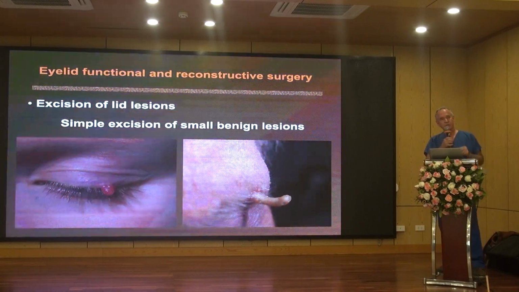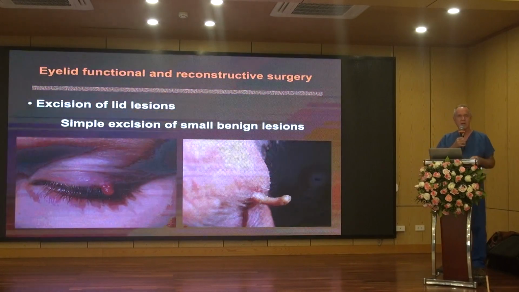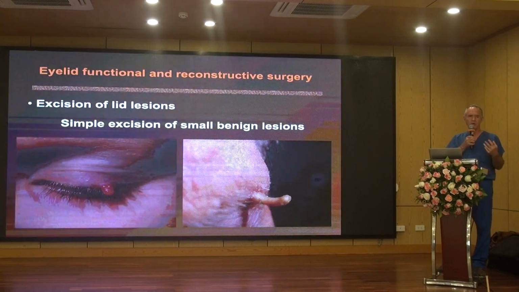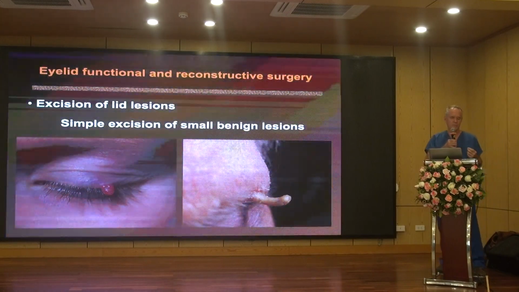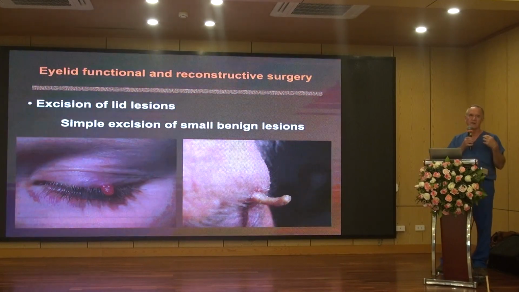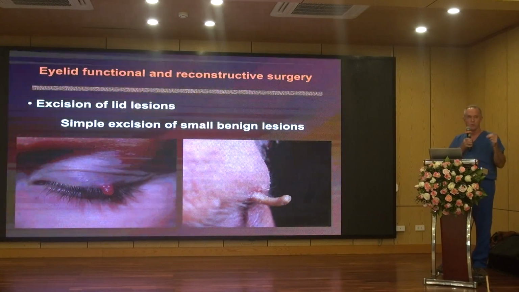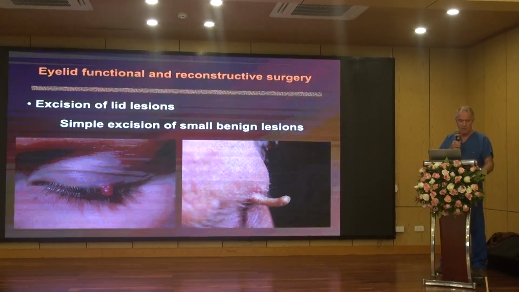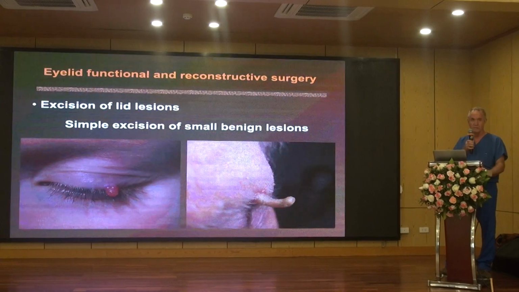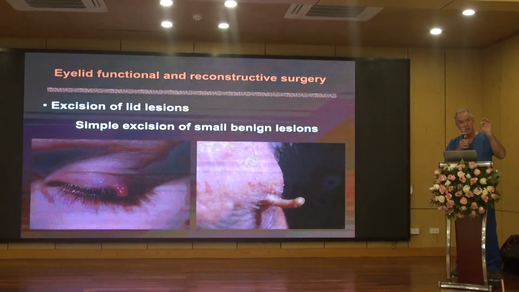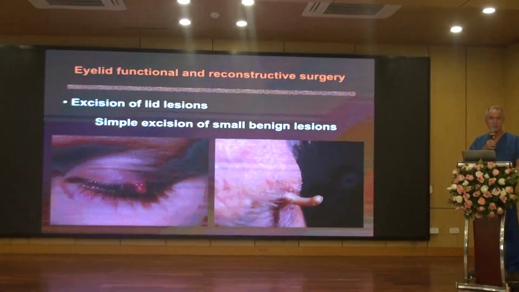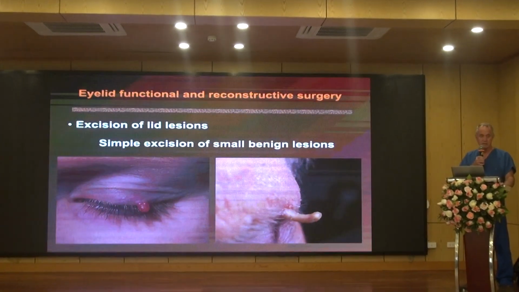If it looks suspicious, I always send it to pathology. If it's just a simple papilloma, I do not always submit that for pathology. But if it looks suspicious or I need to know the pathology, I will put it in formalin and send it off. But these simple excisions often just require excision, very light cautery of the excision site, and often you do not even need any sutures.